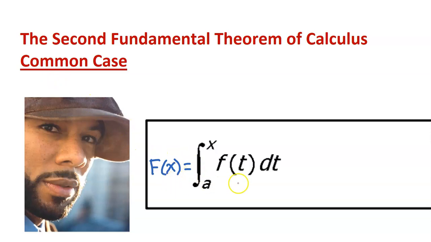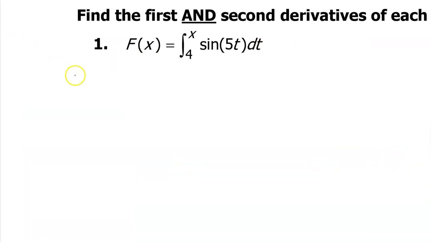So the placeholder variable turns into the real variable. Here is another way of expressing the same thing. If capital F of x is equal to this integral defined function, then capital F prime of x, the derivative, will equal f of x. For the next few problems, we are asked to find the first and second derivatives given an integral defined function.